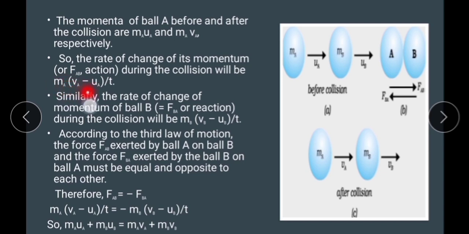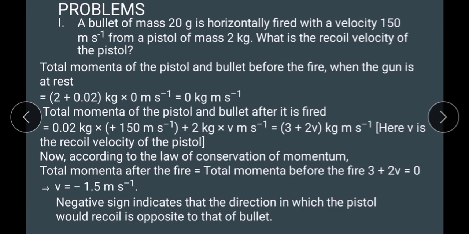After calculating, what we get is mA into uA plus mB into uB is equal to mA into vA plus mB into vB. So it states that the initial momentum of the two bodies is equal to the final momentum of the two bodies after the collision happens.